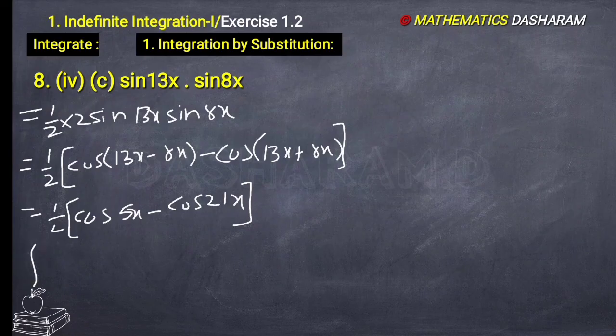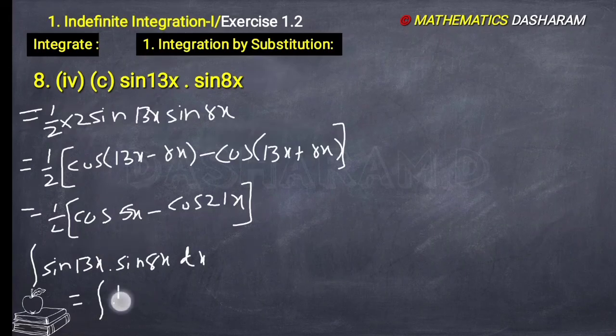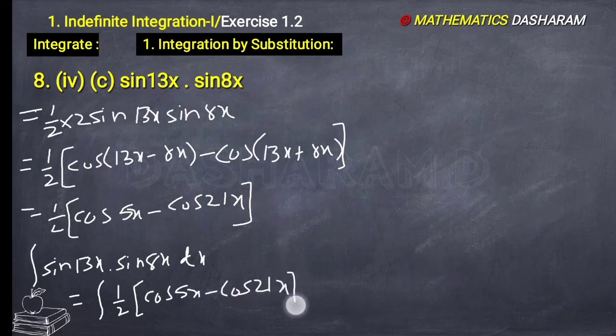So now apply the integration for the given question. Sin 13x into sin 8x dx is equal to integration 1 by 2 bracket of cos 5x minus cos 21x dx.